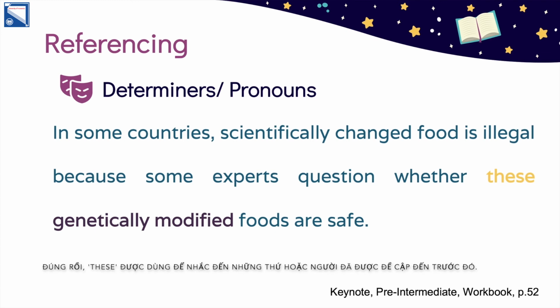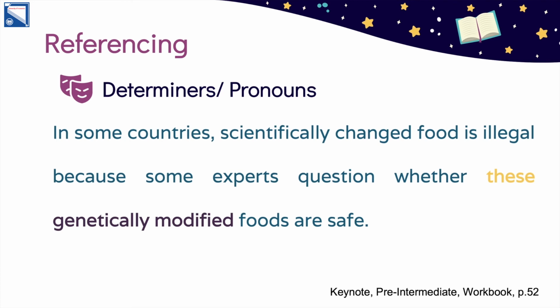Yes, to refer to something or somebody that has already been mentioned. From this, you can guess the meaning of genetically modified. The determiner these tells us that the phrase genetically modified must have something to do with scientifically changed.